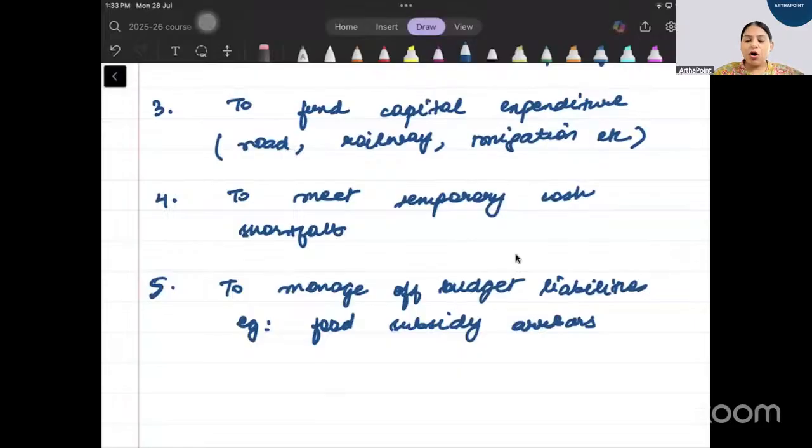Or some liabilities which don't appear in the formal budget document, or are not accounted in the fiscal deficit, right? These are hidden liabilities. They are contingent liabilities, right?